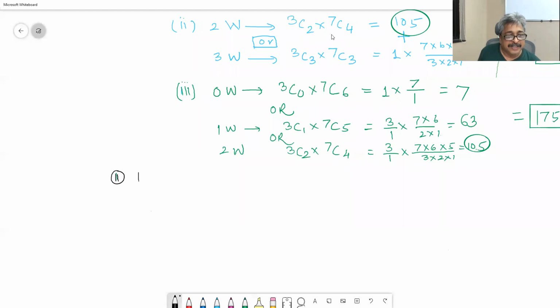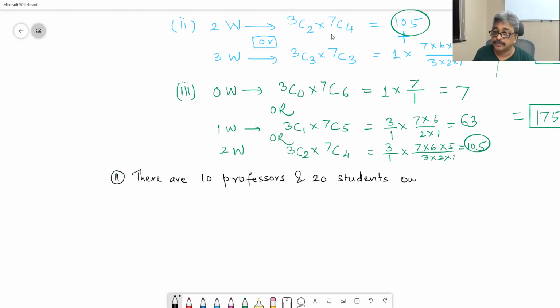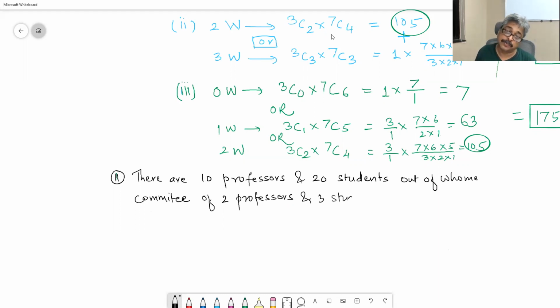There are 10 professors and 20 students, out of whom a committee of 2 professors and 3 students is to be formed.